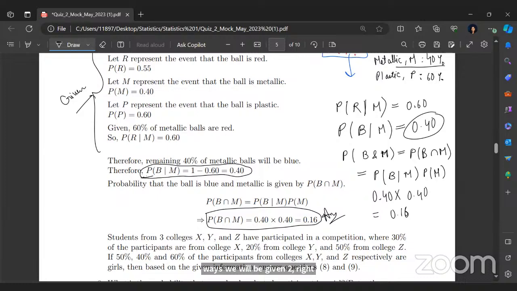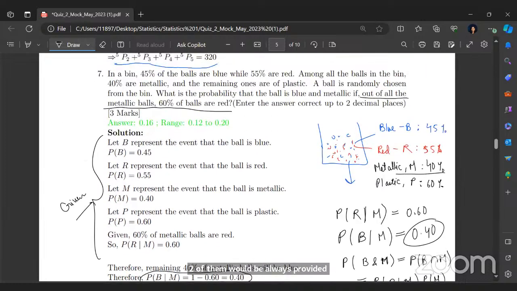Not necessarily. What we were interested in was finding the probability that the ball is blue and metallic, right? And we know that this can be found using probability of B given M times probability of M. Probability of M is given to us.